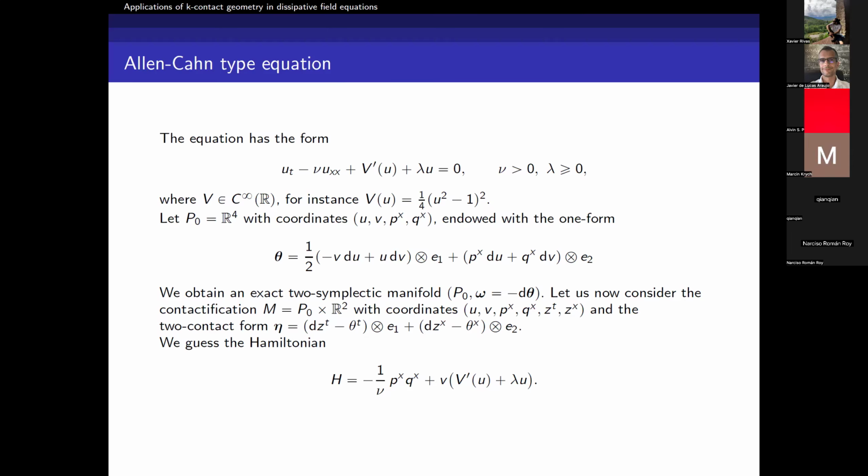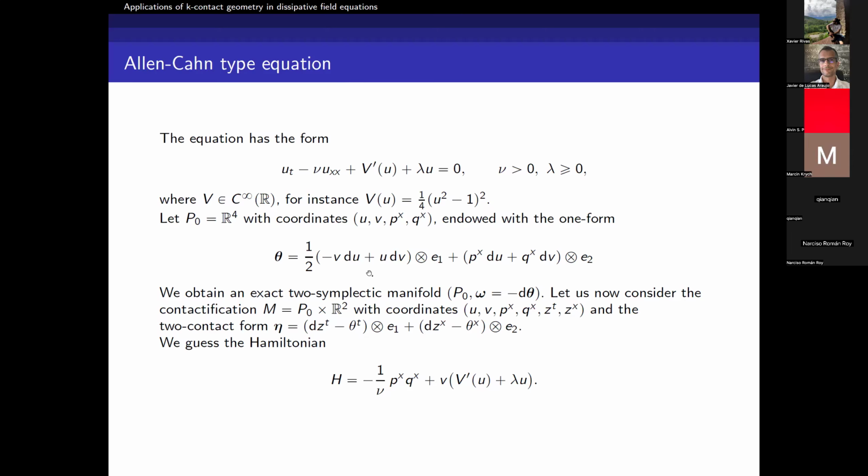One is the Liouville form that allows you to define the momenta and the configuration variables, and then you have a second one-form that is only on configuration variables. And when you get the contactification, the first component of the theta, the one that is a basic one, will mix the variables u and v in such a manner that you will get a nice system of PDEs to be solved. This is the main idea.